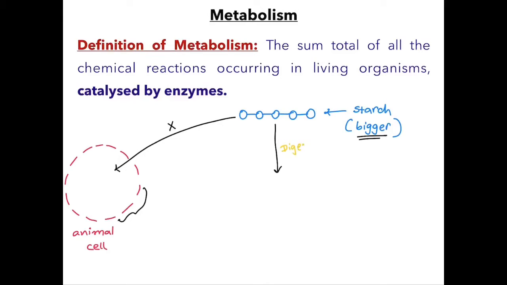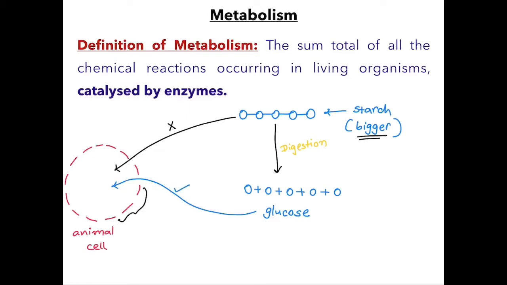So during the digestion, your bigger molecule of the starch is going to be broken down into very small molecules of glucose. Now as we know that glucose is the monosaccharide, so it is going to be absorbed very easily inside our cell because it is able to cross the semi-permeable cell membrane.